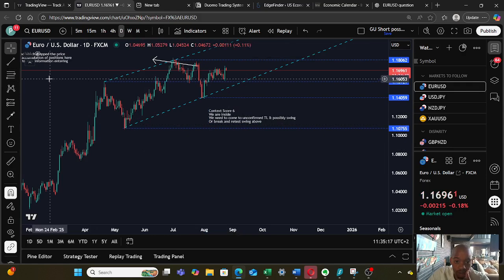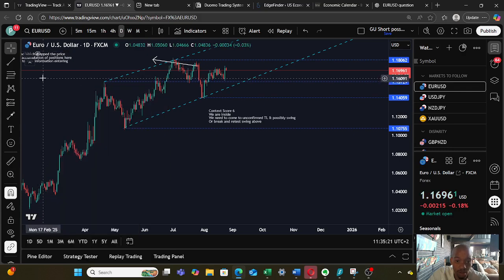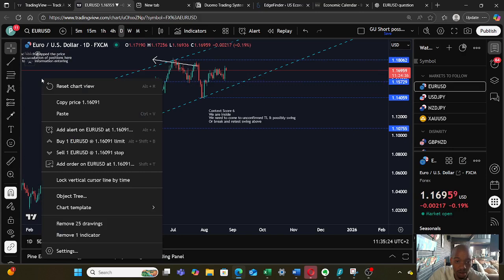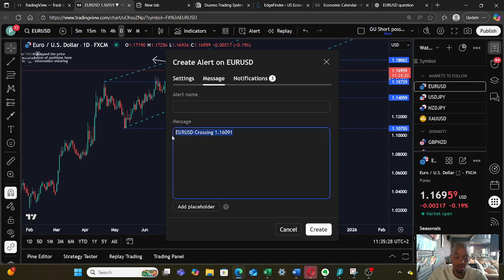And what I'll do is I'll set alerts for us to assess the situation. Let's put it around here. And then we're going to say here, unconfirmed trend line on daily.